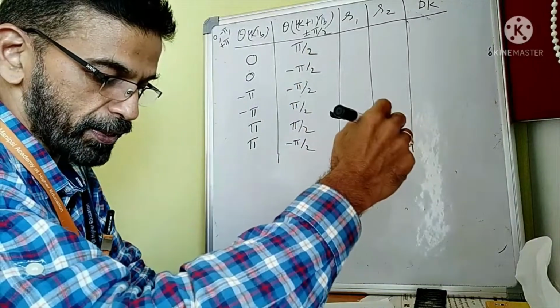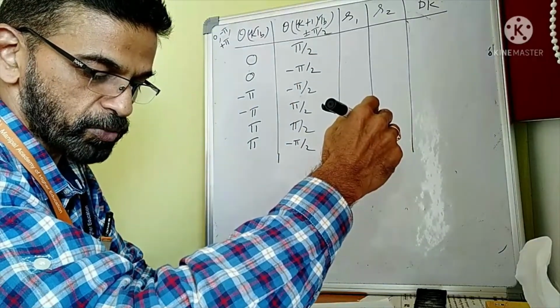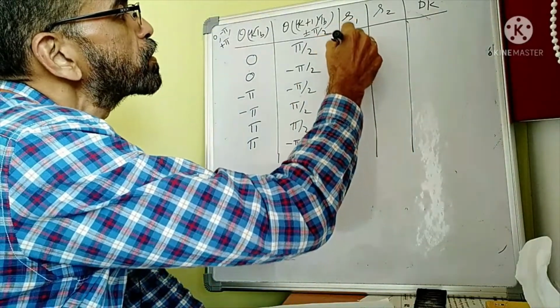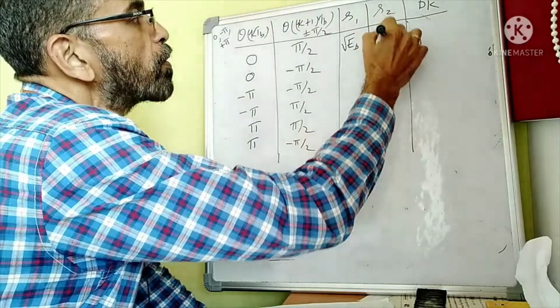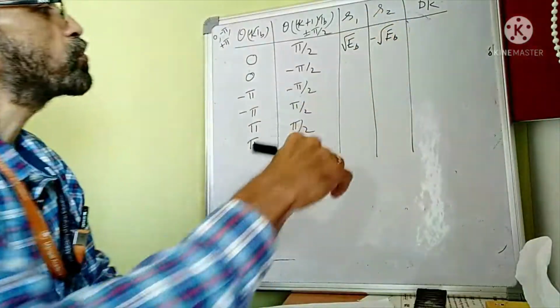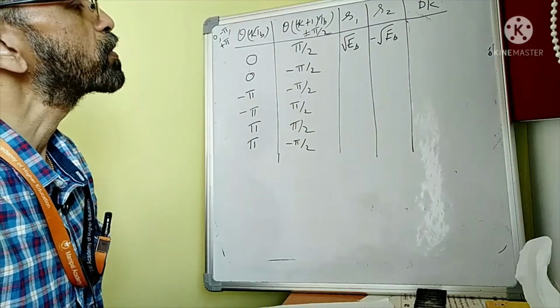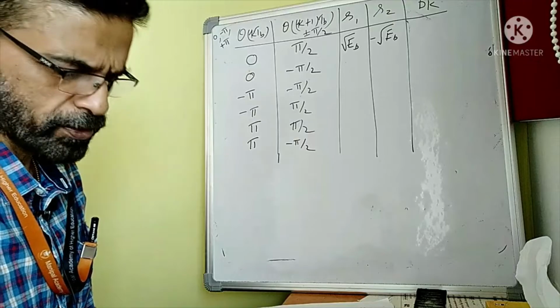So when theta k tb is 0 and theta k plus 1 tb is pi by 2, we will get root EB and minus root EB. You can simply substitute the respective values in the respective expressions for S1, S2, and you will see this is what you are going to get.